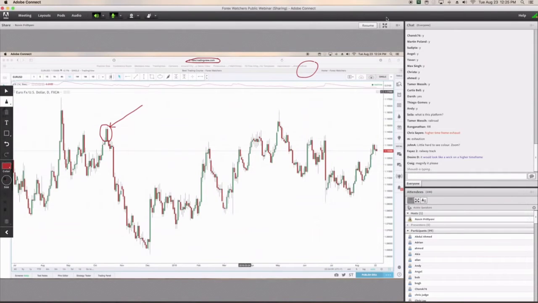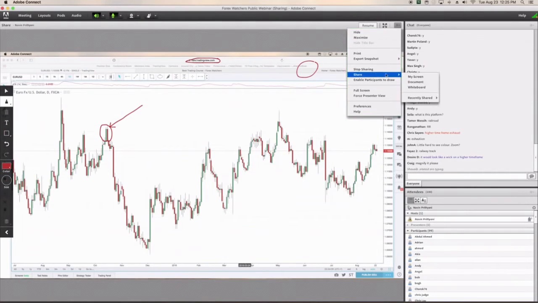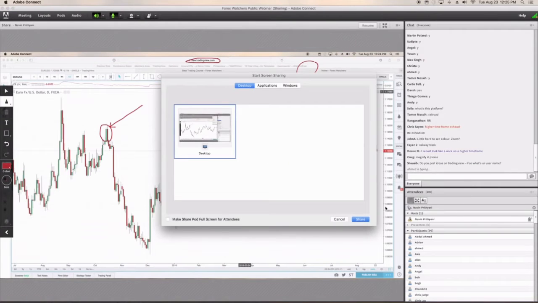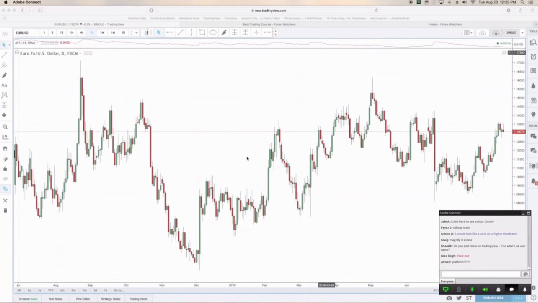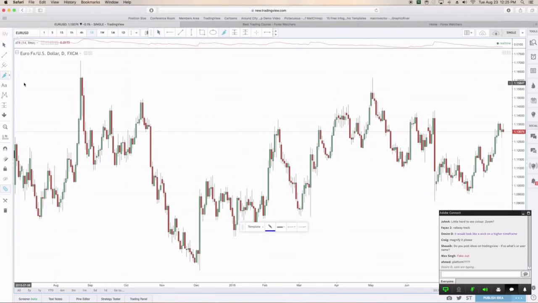Here, I'll do this. I'll make it on my screen. Maybe it'll be easier. Do you post ideas on TradingView? My ID is Forex Watchers. I don't post them, but maybe I will. Maybe I'll start sharing some ideas there, or I'll have a staff member start sharing it.